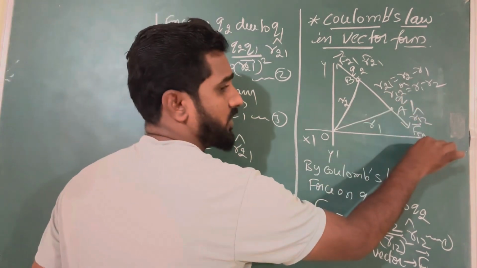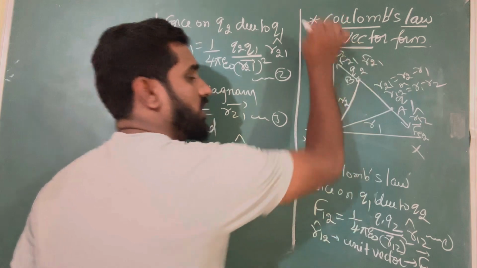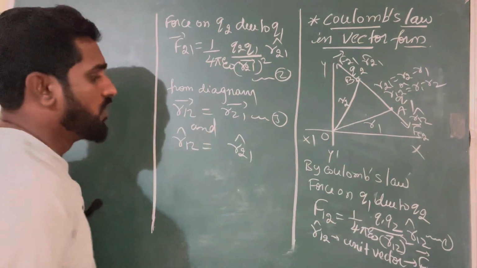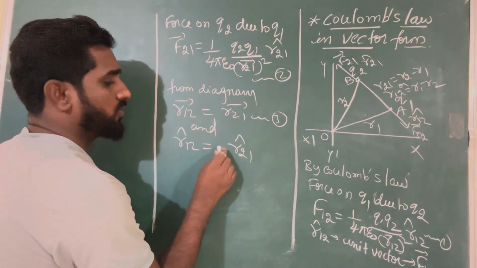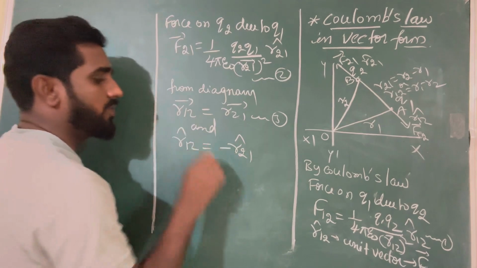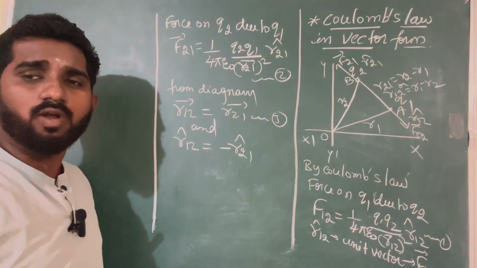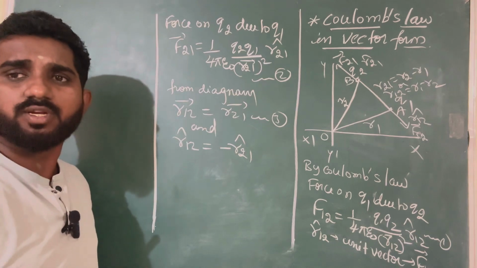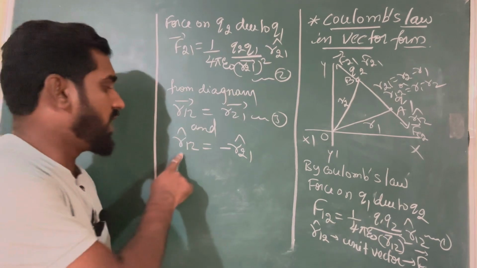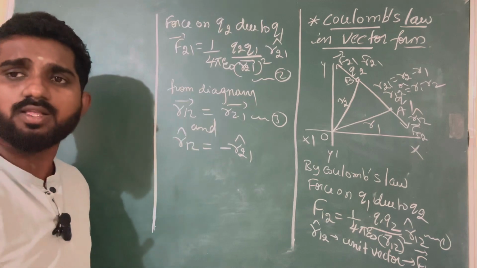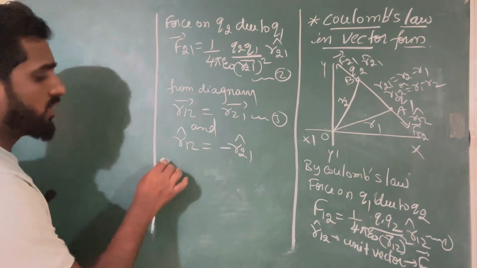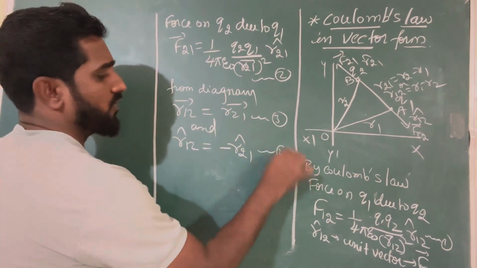So r12 cap should be equal to minus r21 cap. Why? Because both the unit vectors are equal in magnitude but opposite in direction. Now consider, this is equation number 4.